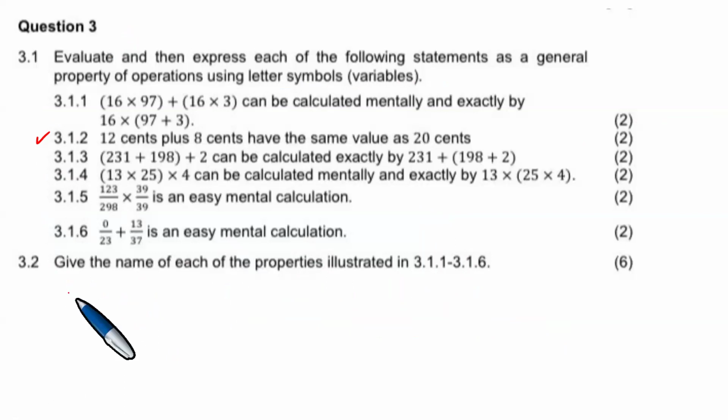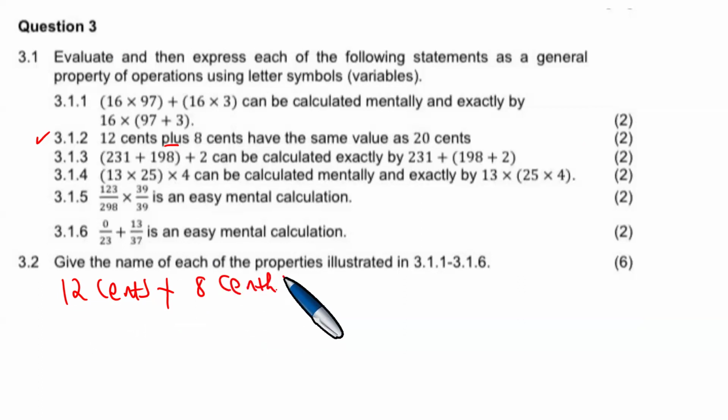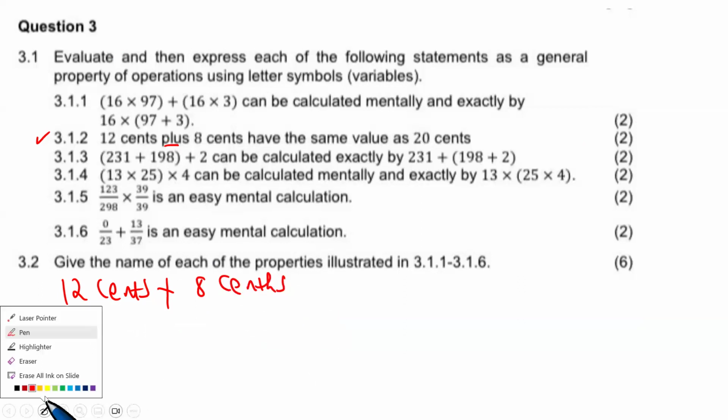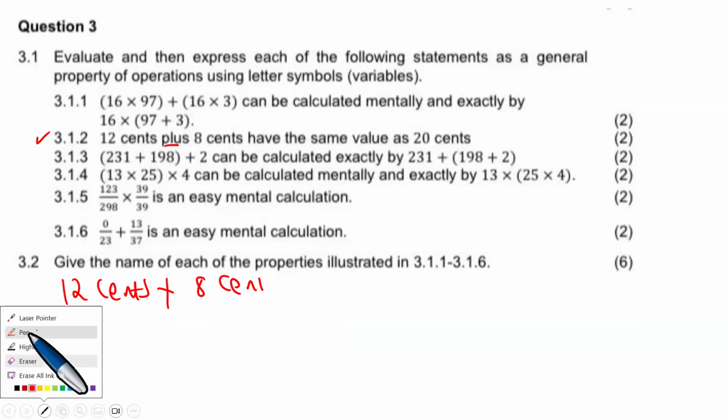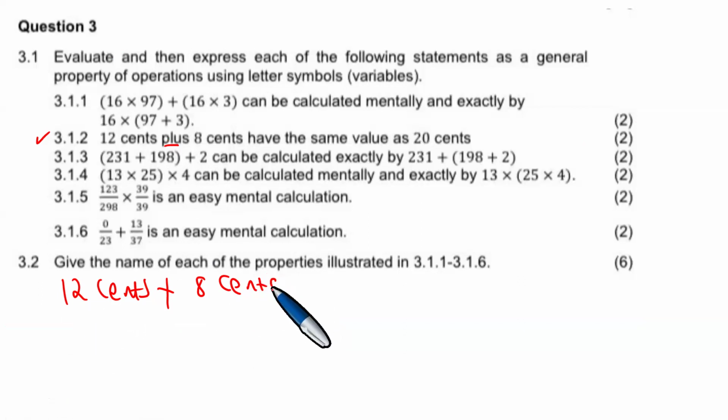In 3.1.2, we have 12 cents plus 8 cents. 12 cents plus 8 cents gives us what? It gives us 20 cents. We agree. So this is true.